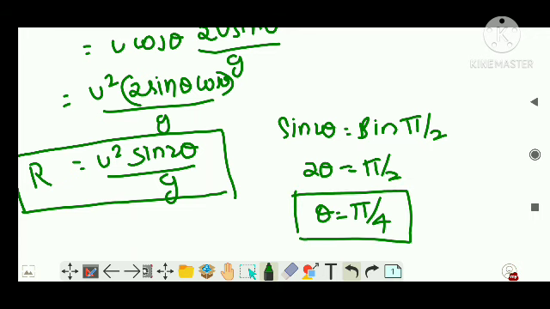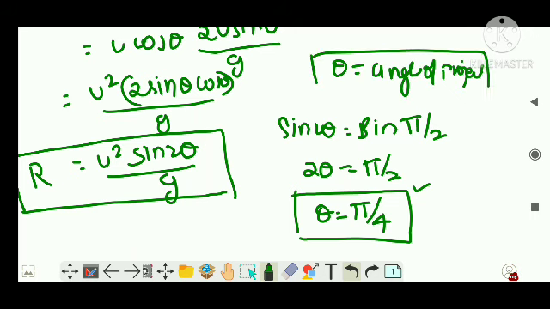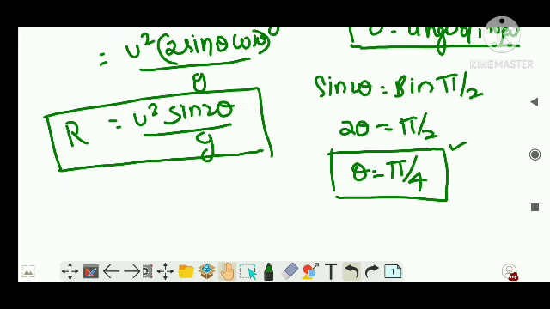That is, range will be maximum when the angle of projection, oh, I forgot that theta is called the angle of projection, right? The angle by which you throw a ball for a projectile motion, right? That is 45 degree. So maximum range occurs when you throw a ball at an angle of 45 degree. Clear? Right?